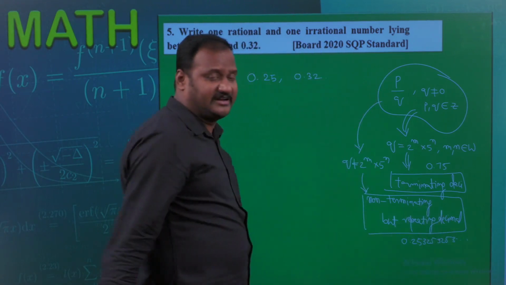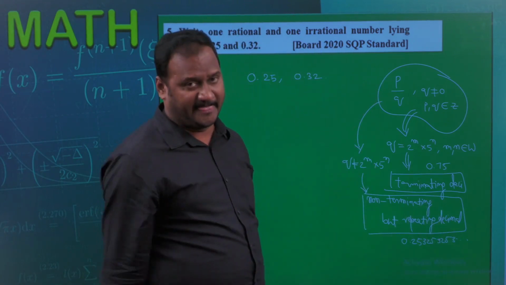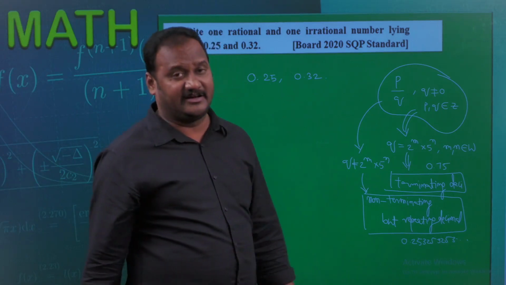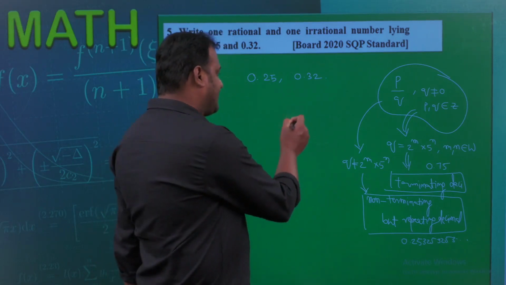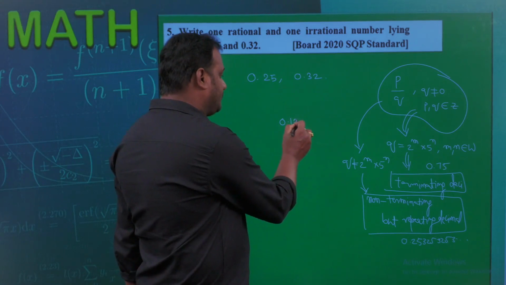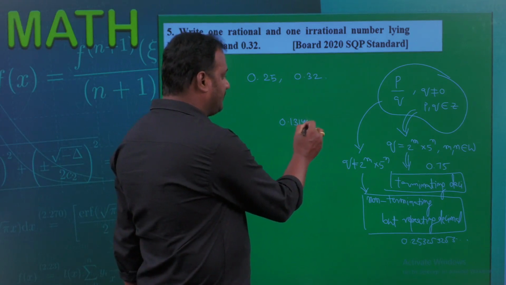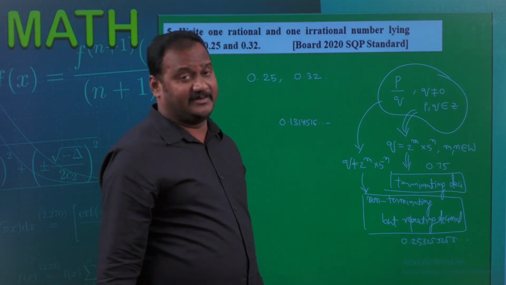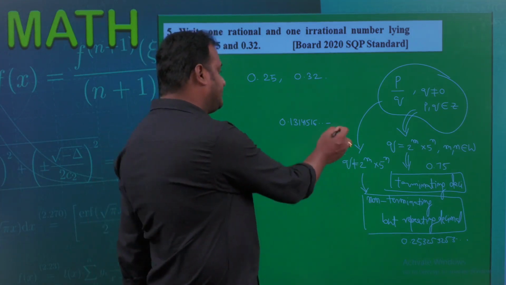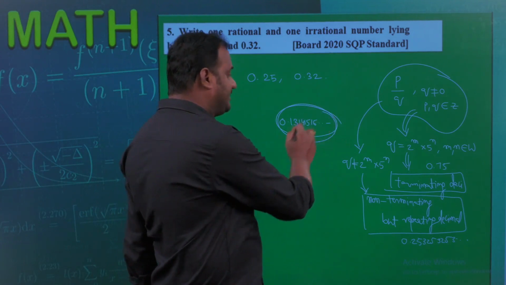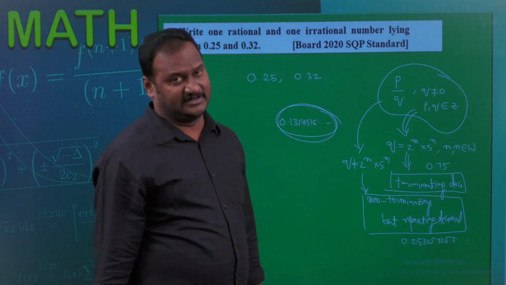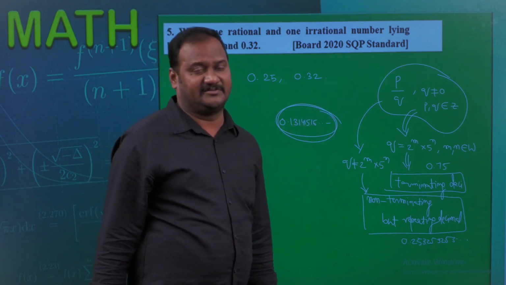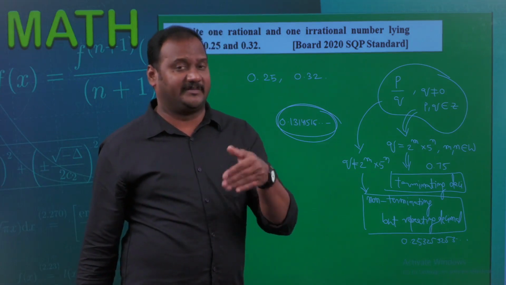There is a particular block of digits repeating. But neither terminating nor repeating is a number like 0.13141516 and so on. This is one neither terminating nor repeating decimal. This kind of decimal expansion is said to be an irrational number. So irrational numbers are neither terminating nor repeating decimals.